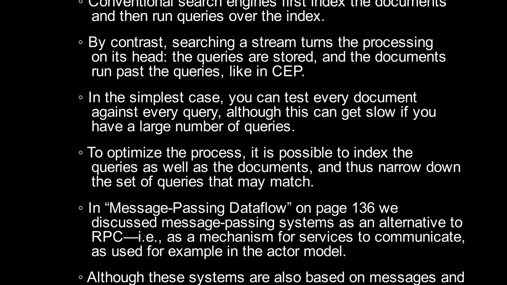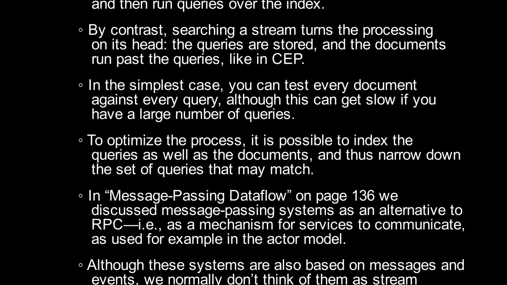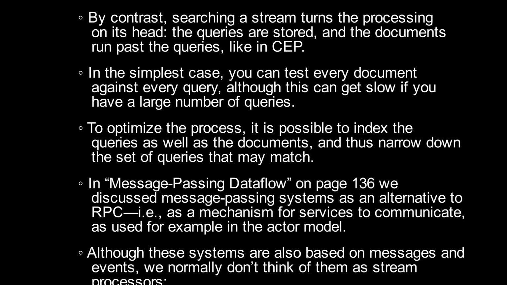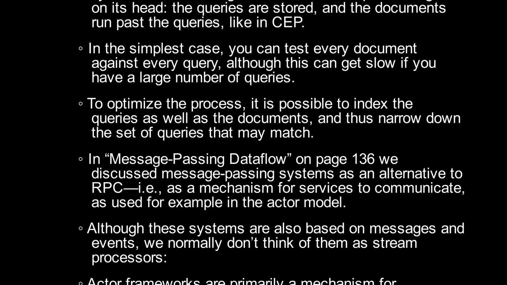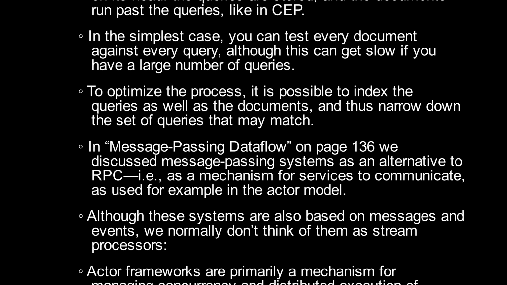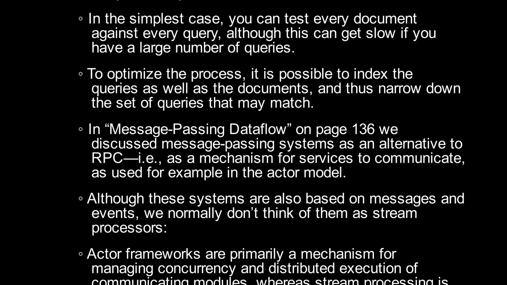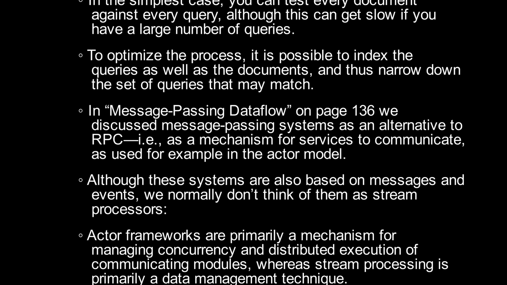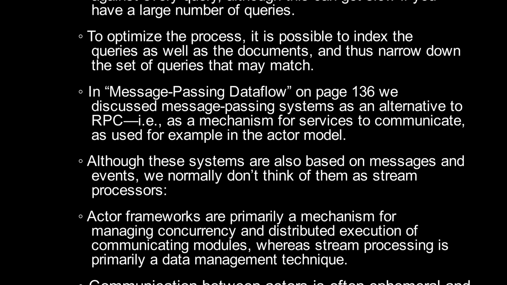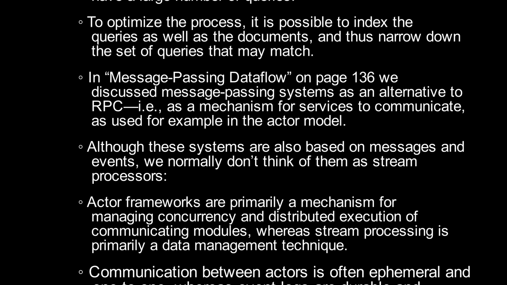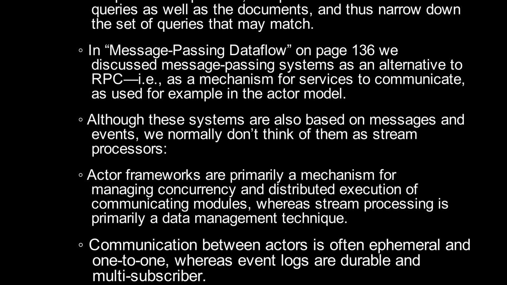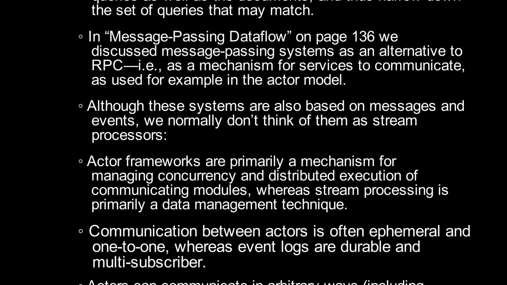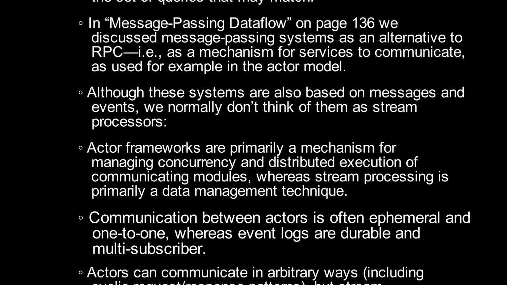In Message-Passing Dataflow on page 136, we discussed message-passing systems as an alternative to RPC as a mechanism for services to communicate, as used, for example, in the actor model. Although these systems are also based on messages and events, we normally don't think of them as stream processors. Actor frameworks are primarily a mechanism for managing concurrency and distributed execution of communicating modules, whereas stream processing is primarily a data management technique.